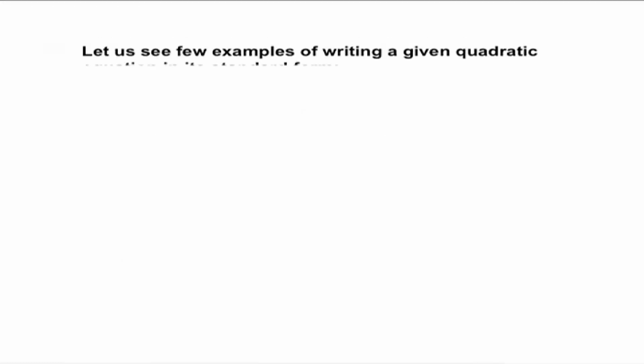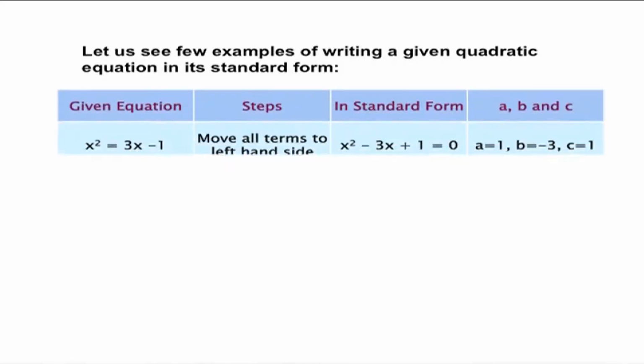Let us see a few examples of writing a given quadratic equation in its standard form. First equation is x square equal to 3x minus 1. Now the steps: move all terms to the left hand side and you will find its standard form is x square minus 3x plus 1 equal to 0.